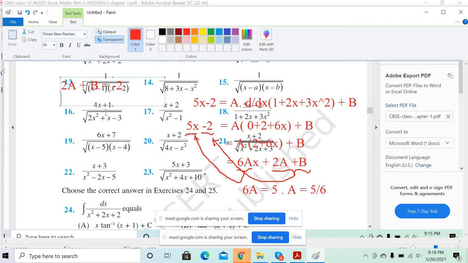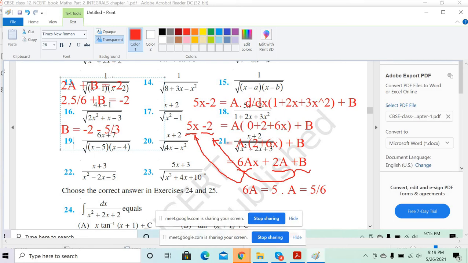Now the value of a you already know. So 2 into 5 by 6 plus b equal to minus 2, isn't it? So get the value of b. b is equal to minus 2 minus 5 by 3, right?